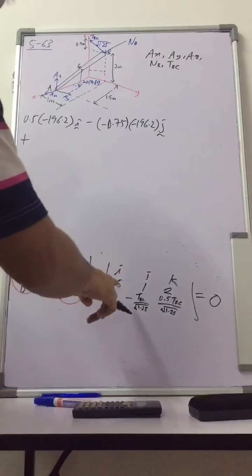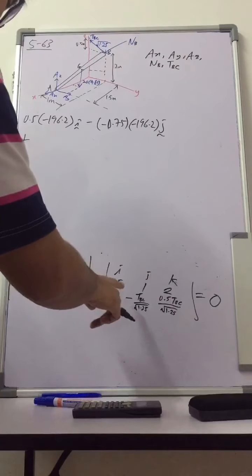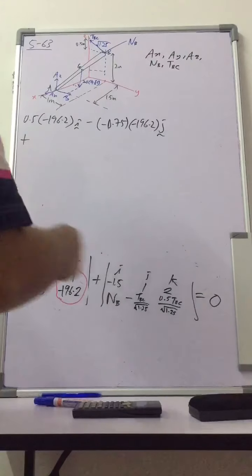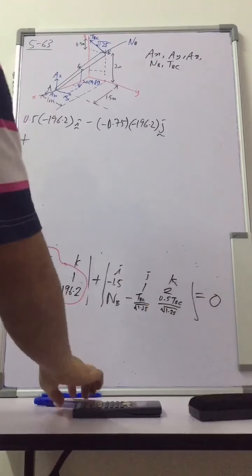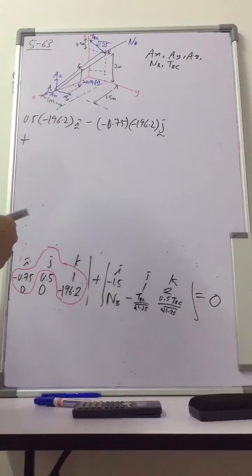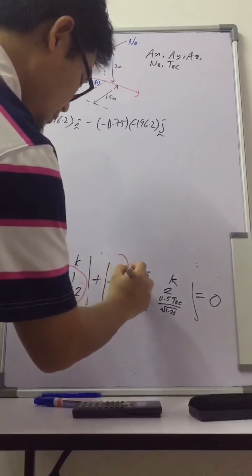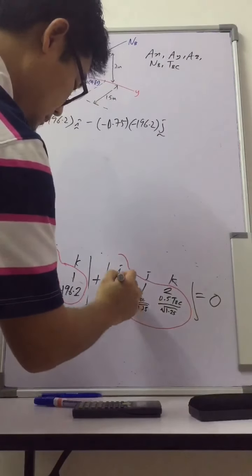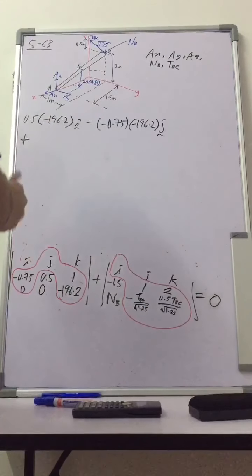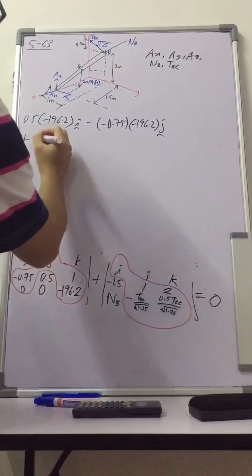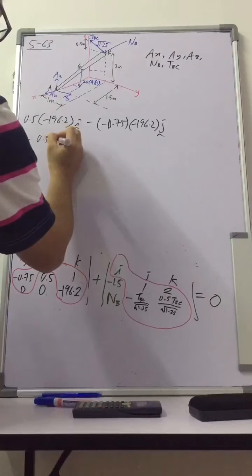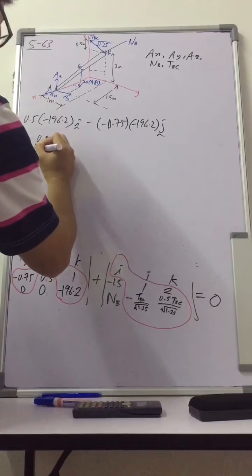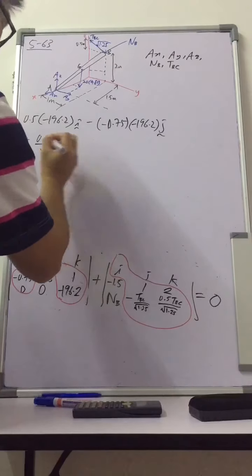another cross product of vector. So for the I, it's quite long actually. The I, you will do this, right? So the I will be 0.5 TBC over root 1.25, right?